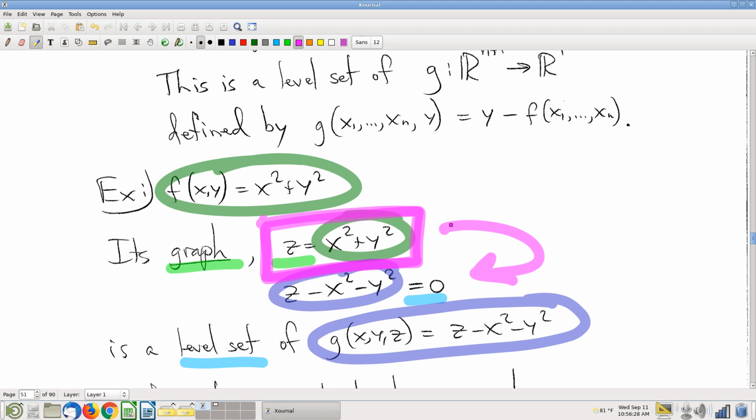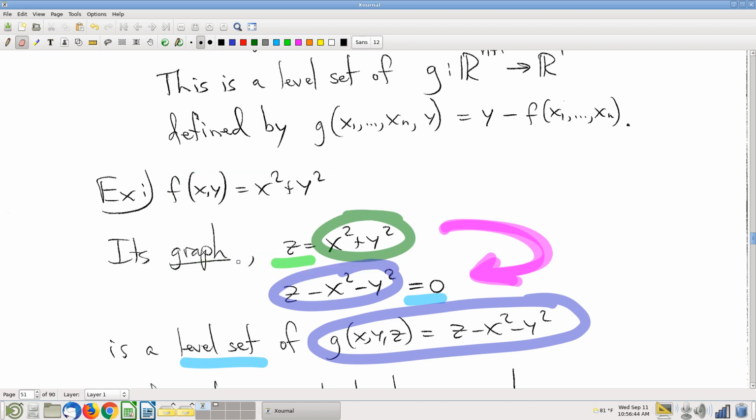Okay, cool. Now it's a level set. It's just a level set of something else. And you can then use the calculus of level sets, which we will talk about later on, to answer your question.